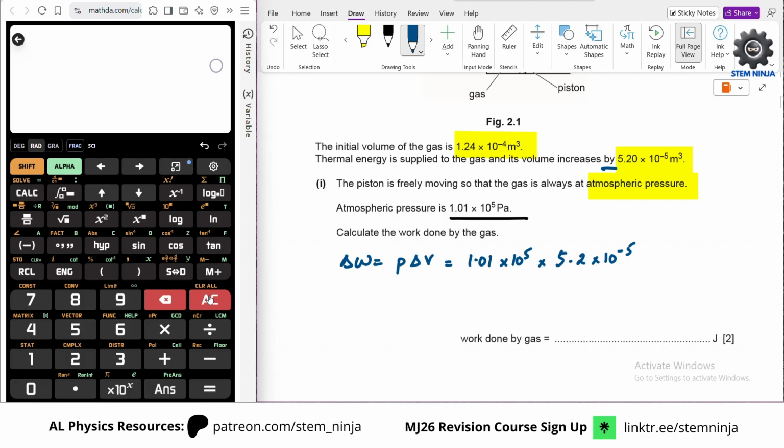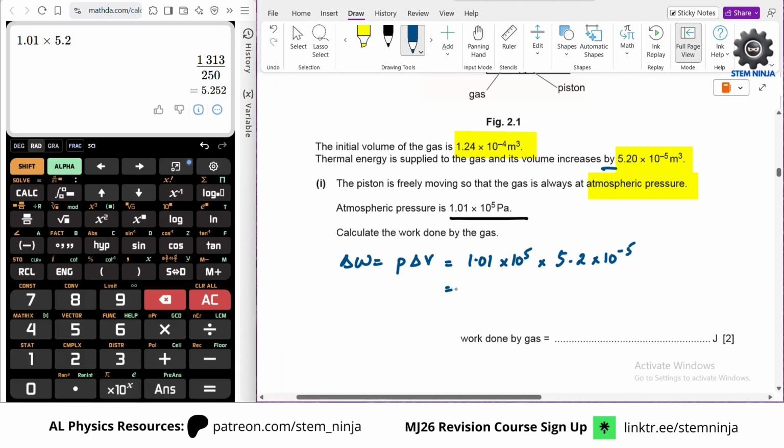So 1.01 times 5.2, because 10^5 and 10^-5 cancel each other out, gives 5.252, so basically 5.3 joules. Actually, we should keep it to 3 significant figures because all of them are in 3 significant figures, so 5.25 would be a better answer.